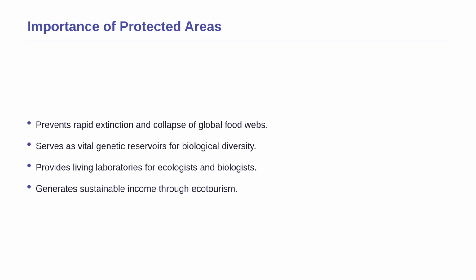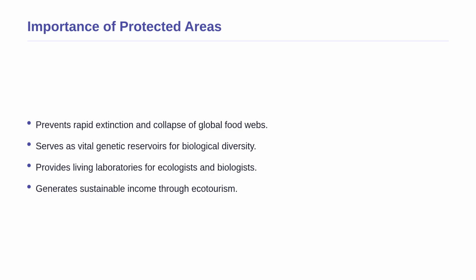Understanding these definitions leads us to ask, why do we desperately need these protected areas in our modern world? Without them, rampant habitat destruction and illegal poaching would drive countless species to rapid extinction, which could ultimately collapse entire global food webs. These areas serve as vital genetic reservoirs, preserving the raw biological diversity that keeps our planet resilient against devastating diseases and rapid climate change.